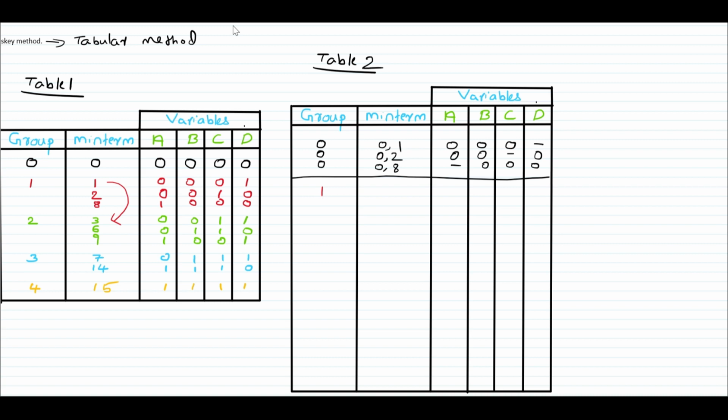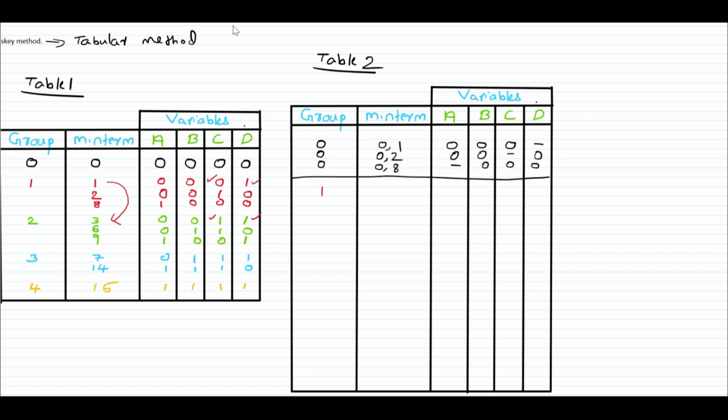So if we consider 1 and 3, we can see this is 0 and this is 0. For A, both 1 and 3 are 0. For B also 0. For C, it is different. For C, here it is 0, here it is 1. And for D, again both are same, it is 1, 1.